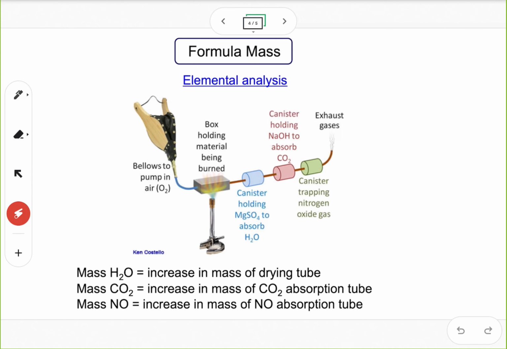And if your compound has carbon in it, carbon will bind with oxygen to generate carbon dioxide. Again, this carbon dioxide will be absorbed by sodium hydroxide, so you will detect the mass change again. If your compound has nitrogen, then nitrogen will bind with the oxygen from air to generate nitrogen oxide. Again, you have certain methods to trap the nitrogen oxide generated, and then you can identify the mass change.